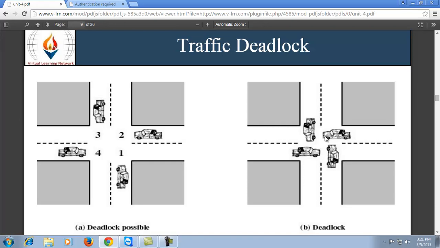That kind of situation we can call a deadlock. In another way, deadlock can be possible if vehicles entering a particular way do not allow anybody to exit from that way, and they continuously enter the queue and do not release the way to allow traffic from the other direction.